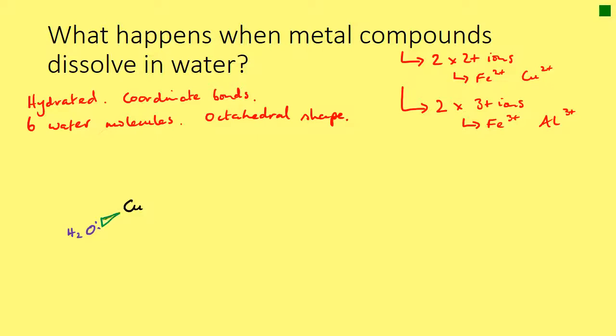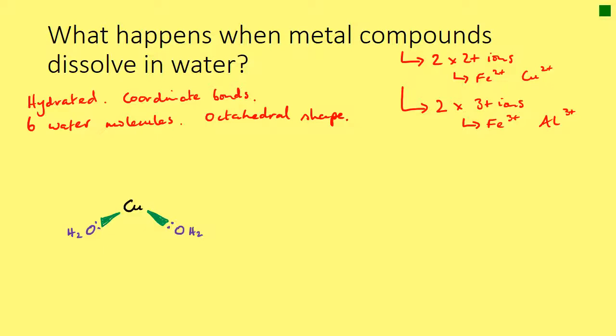So we're going to draw it as a wedge, and we've got another water molecule that makes its coordinate bond also into the page towards the copper ion, and draw its lone pair that's providing the bonding electrons, and the water molecule that we'll draw like that.